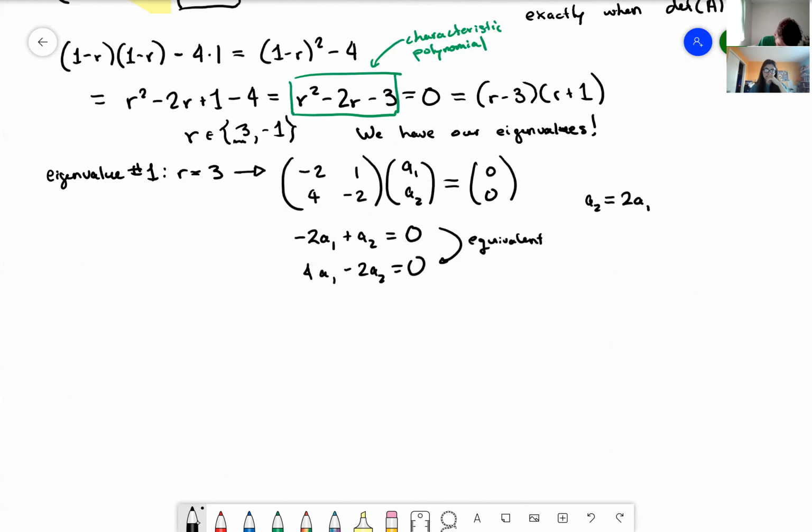So we're going to pick our eigenvector corresponding to this eigenvalue. The first entry A1 is going to be 1, and that means our second entry A2 is going to be 2.